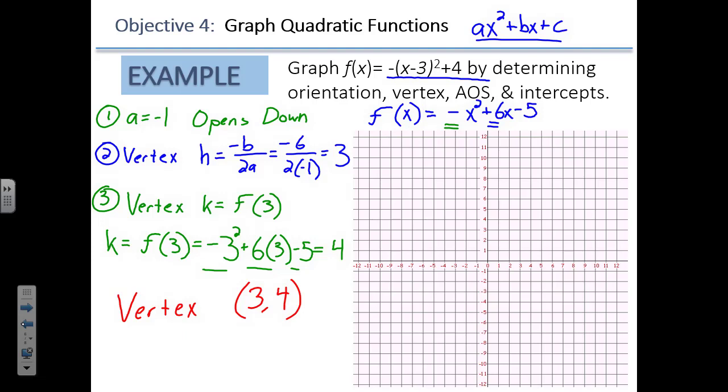So we can plot that, 3 right, 4 up. There's our vertex. We already established that this thing is going to open down. Tell me right off the bat, are we going to have x-intercepts this time? Yeah, we are. This parabola is going to open down and cross into our x-axis in a couple of spots. All right, step 4 is to identify the axis of symmetry. It's got to go right through the vertex. So there's our axis of symmetry. I'm slightly off the line there, but we're pretty close.